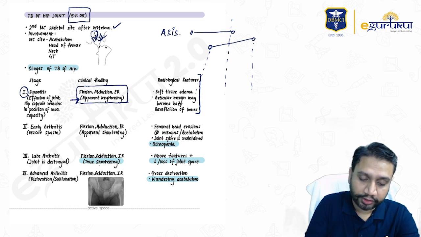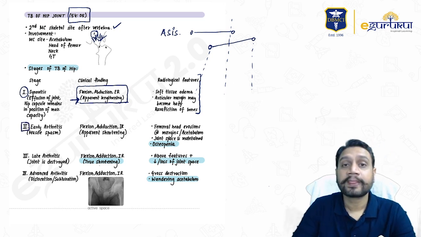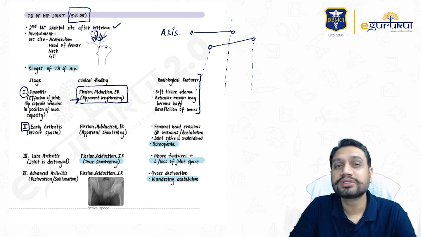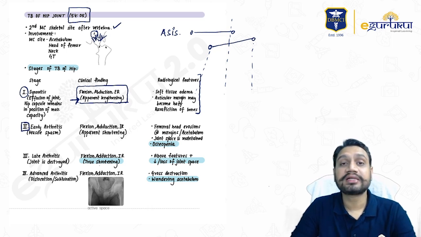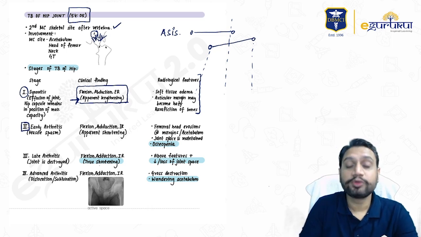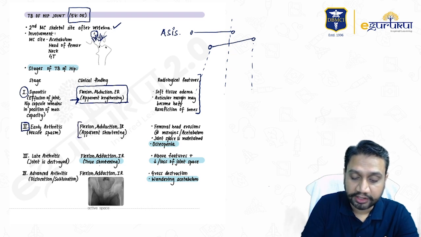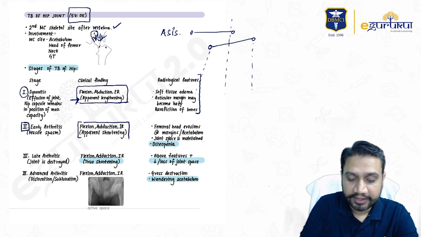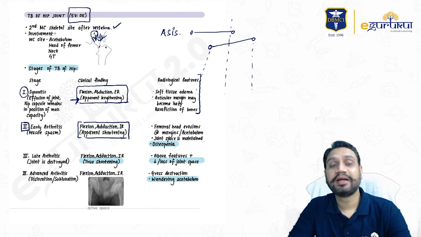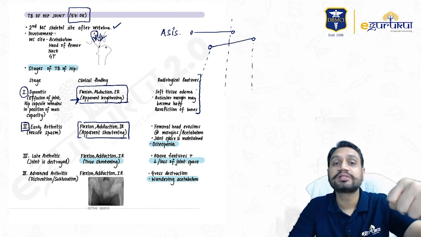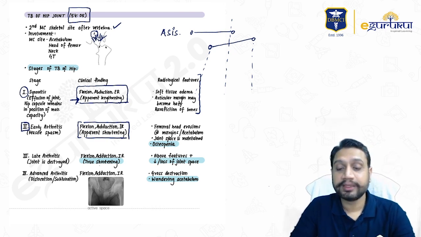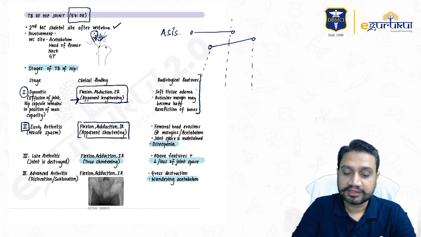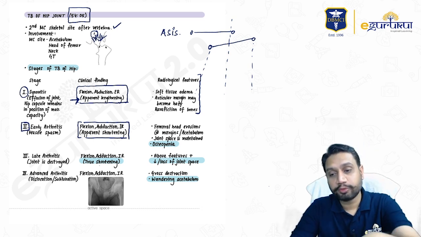In stage 2, we call it the stage of early arthritis. Now the bony involvement will somehow start. Early arthritis, when it starts, causes the hip to go into adduction and external rotation, because the muscle spasm will happen and it will keep on pulling the bone up and towards the pelvic area. So when the hip goes into adduction, the muscles will try to pull the bone up.